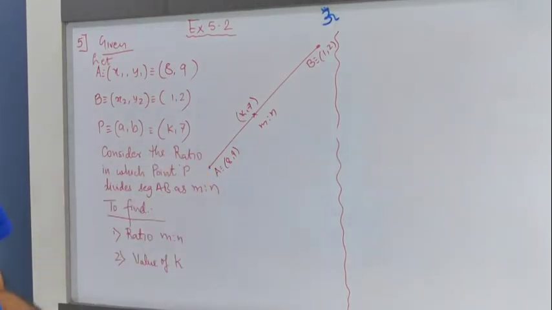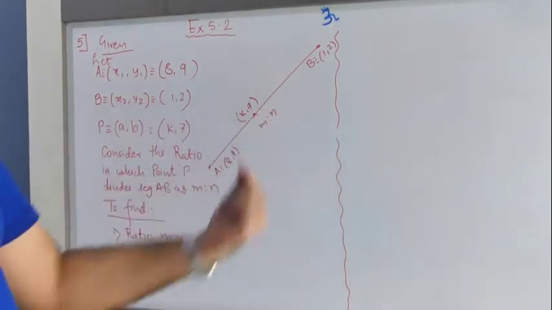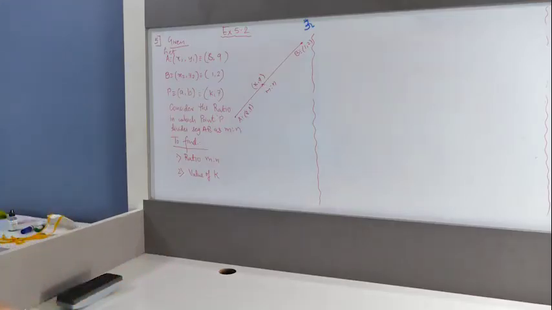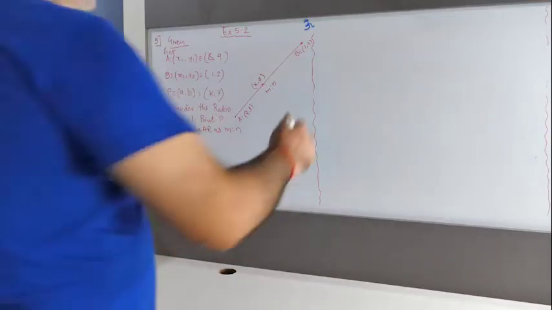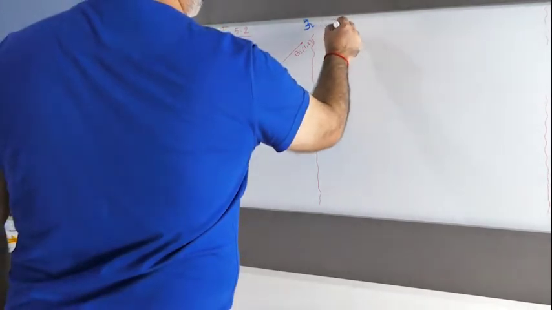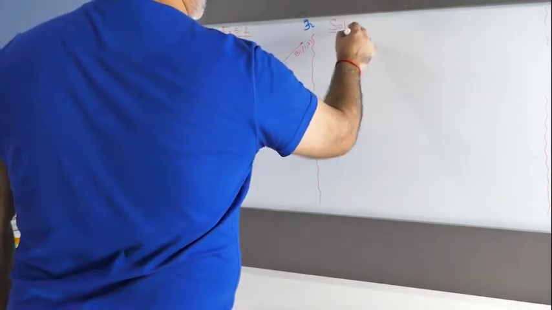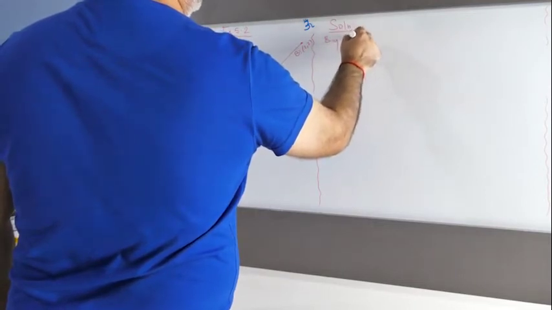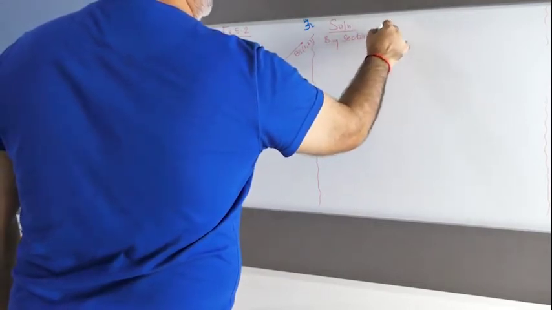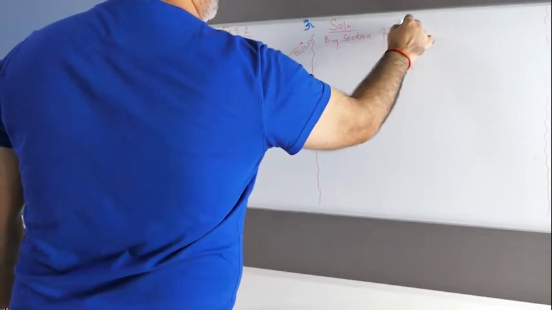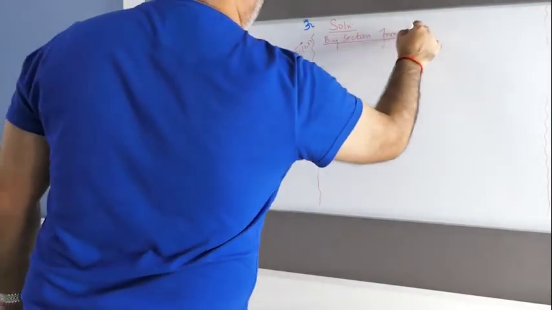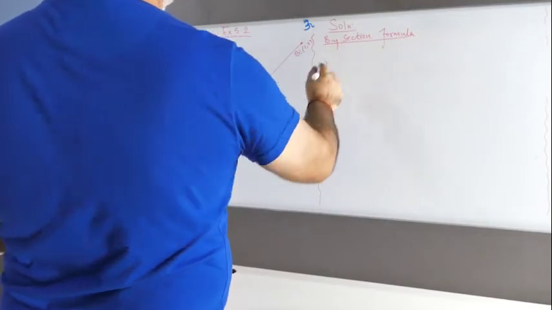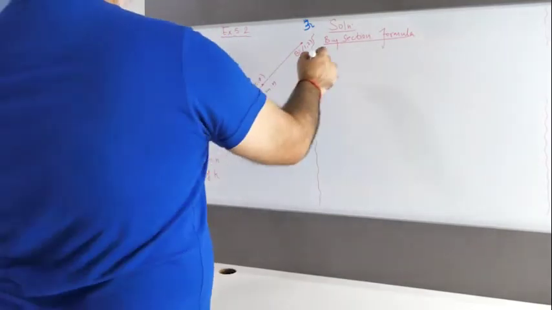So first, since there is a ratio, we will use the section formula. So in the solution, we begin with the section formula. By section formula, you will have the value of A here.